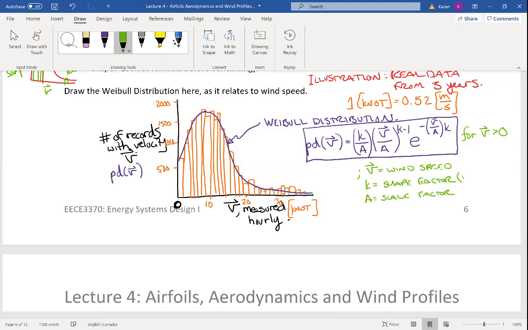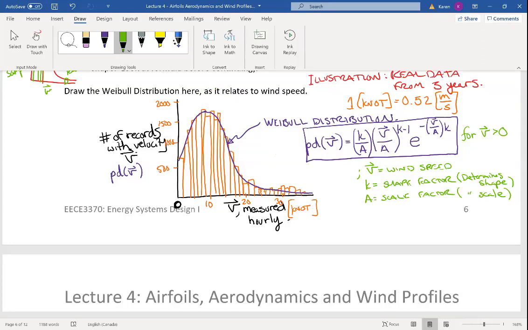The shape factor determines shape, and the scale factor determines scale. So if A were a larger number, then it would have a much bigger scale. If A were a smaller number, the scale would be smaller.